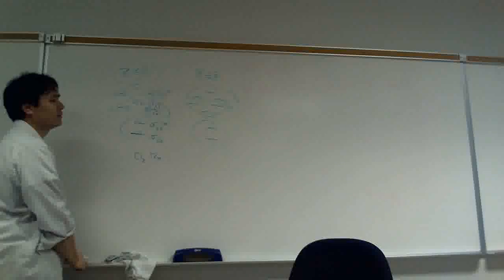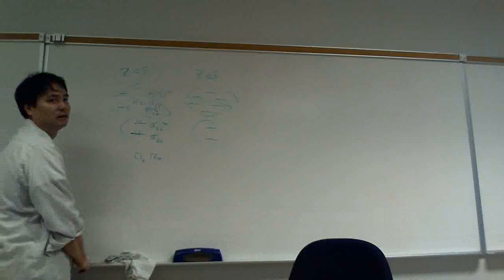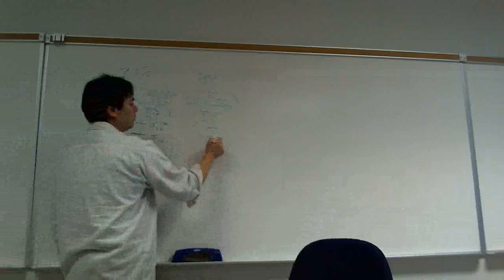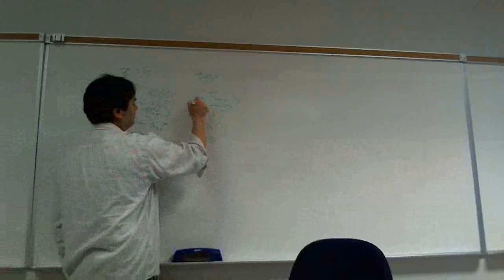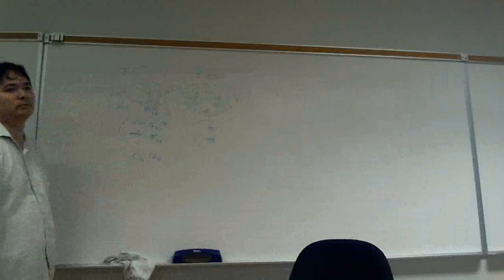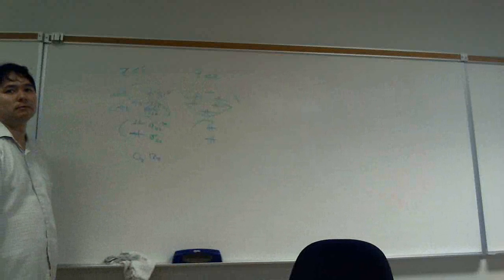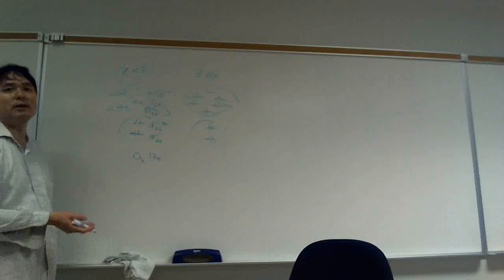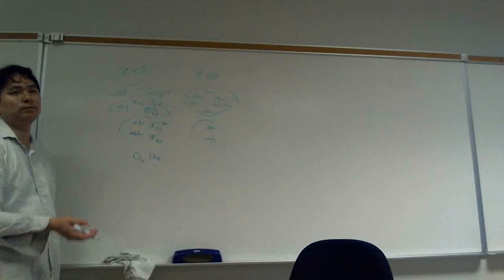Is it paramagnetic or diamagnetic? Paramagnetic. Okay, what if we use this one? What do we get for the bond order for oxygen? Well, it's paramagnetic, and we get a bond order of 2.